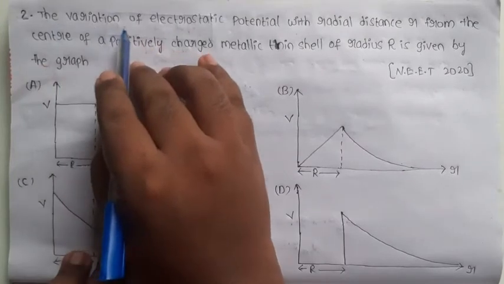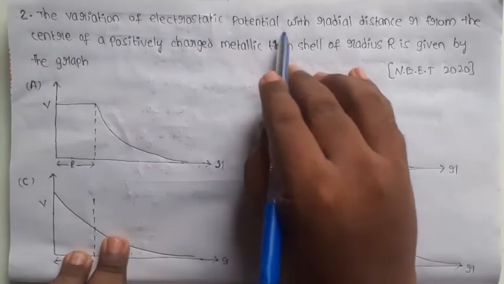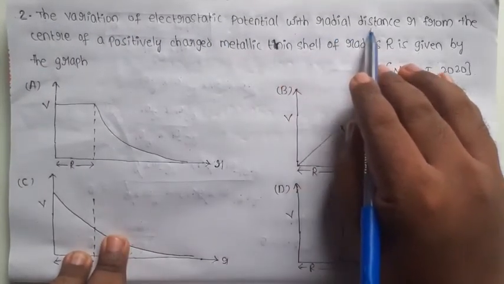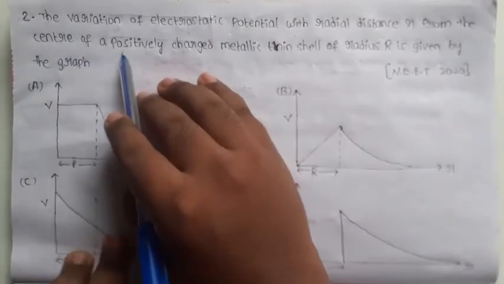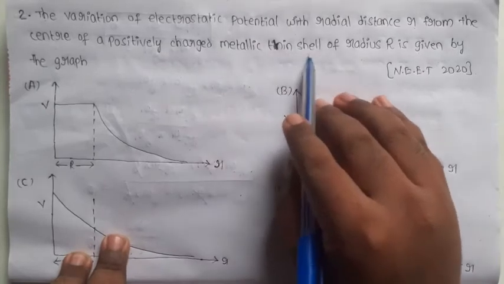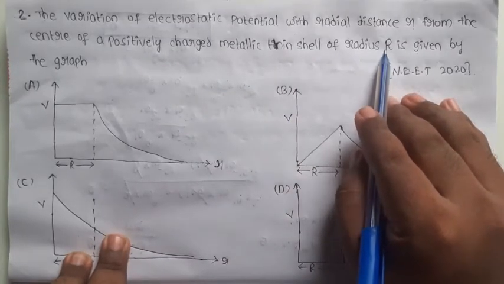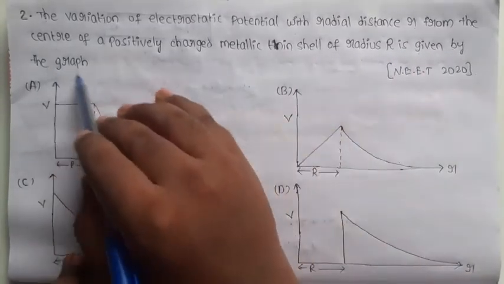The variation of electrostatic potential with radial distance r from the center of a positively charged metallic thin shell of radius capital R is given by the graph.